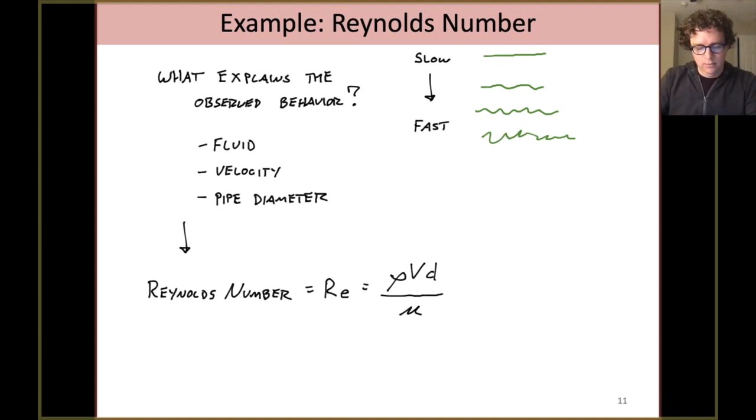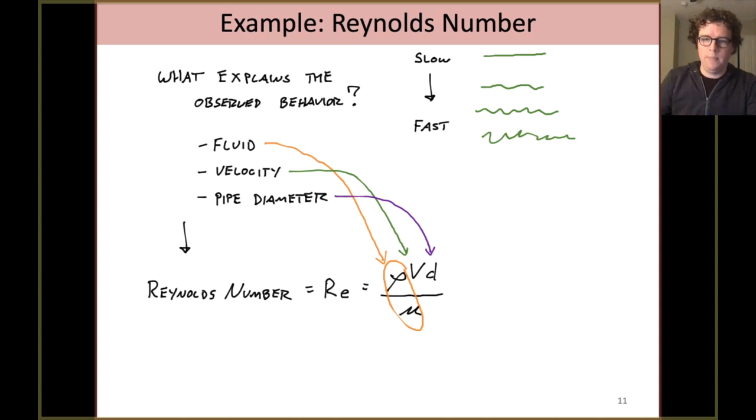Reynolds number I've written for you here is density multiplied by velocity of the fluid multiplied by the pipe diameter d, all divided by the viscosity of the fluid. So fluid properties circled in orange, fluid velocity, I've got the green arrow pointing to, and pipe diameter blue.